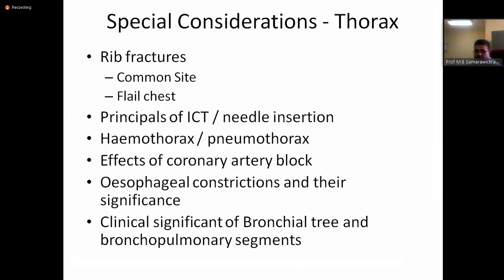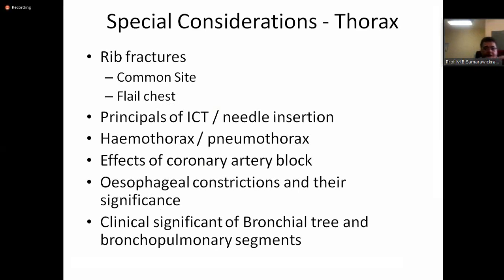Thorax, important considerations: rib fractures. The common site of fracture is the angle of the ribs, and the least commonly fractured ribs are the first and the 12th rib. Flail chest is due to multiple rib fractures, because ribs can fracture as multiple ribs or single ribs.